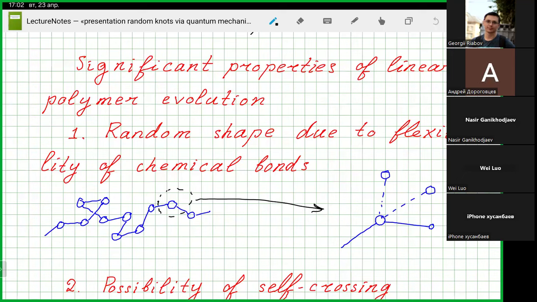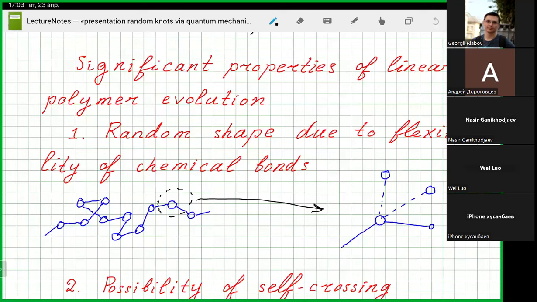They give minima to the energy of connection. And it turns out that this position randomly changes due to intrinsic reasons and due to the interaction with the media.